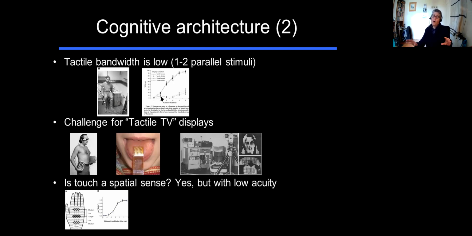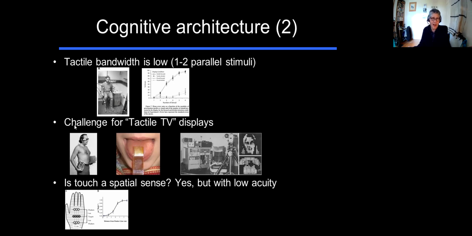So this is really odd because, at one level, we're aware of the touch of our clothes on our body constantly. But at the same time, if you deliver multiple touches all at the same time, people are what is called simultanagnosic. People are unable to perceive simultaneous stimuli. And this, of course, makes a real challenge for all the traditional engineering approaches which have aimed at tactile TV.